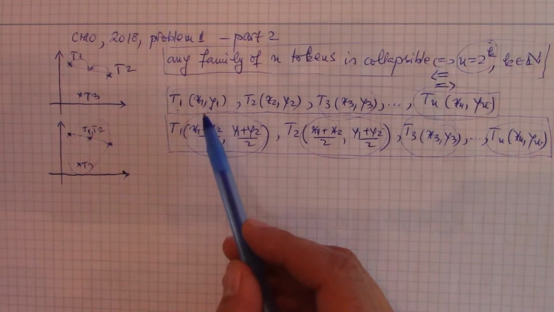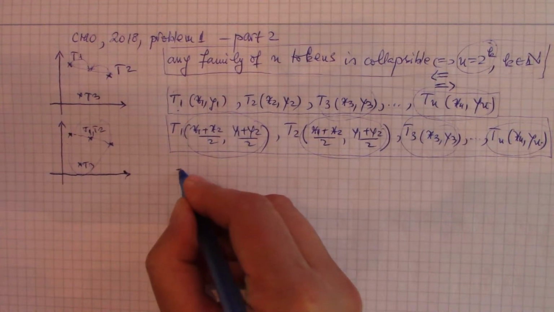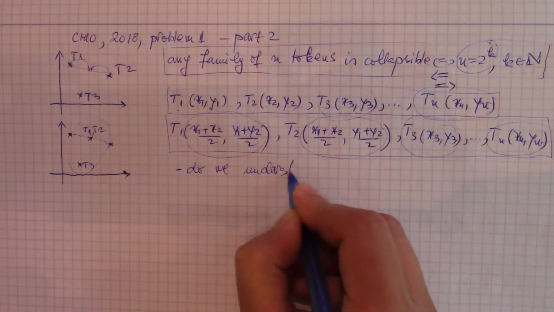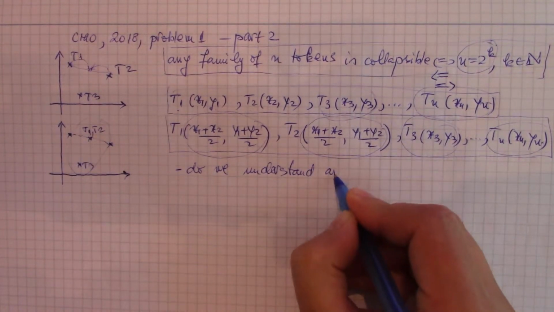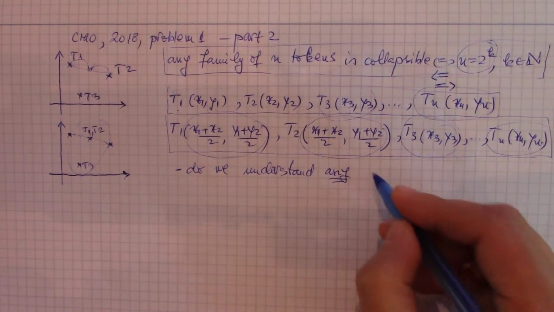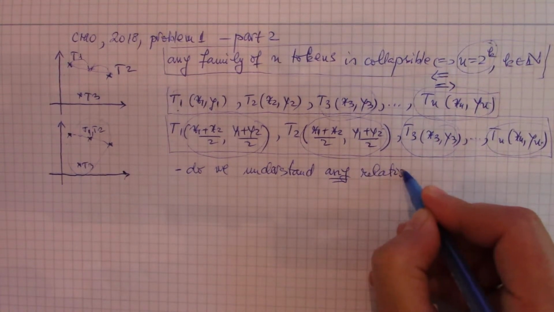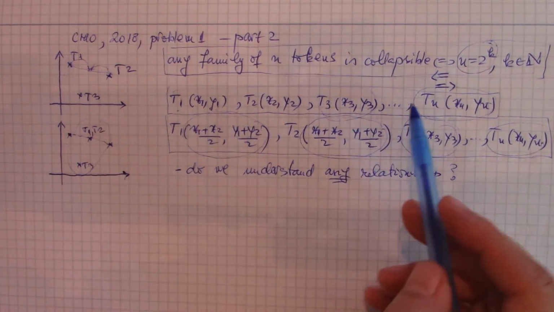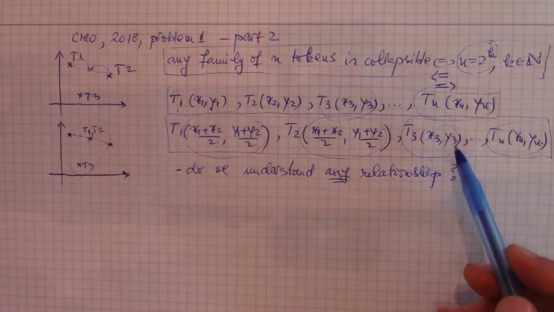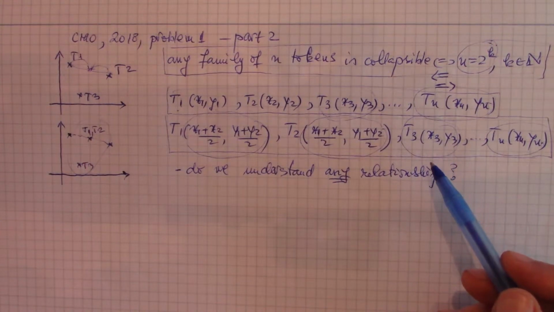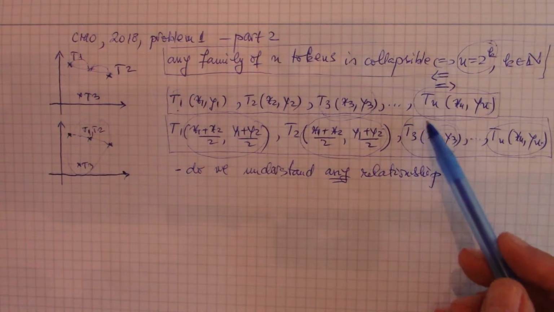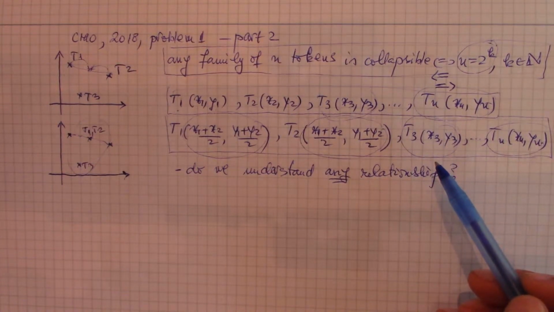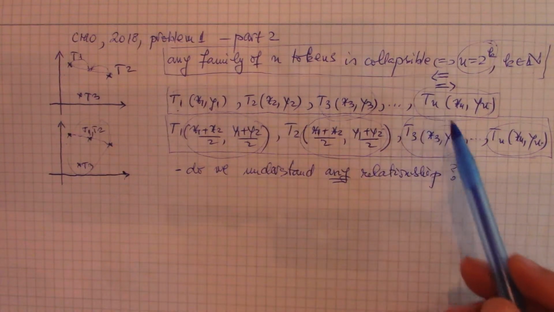Do we actually understand any relationship at all between one arrangement of these tokens and the arrangement that we get after we collapse? Because if we do not understand any relationship, how are we supposed to be able to say if the original arrangement is collapsible?